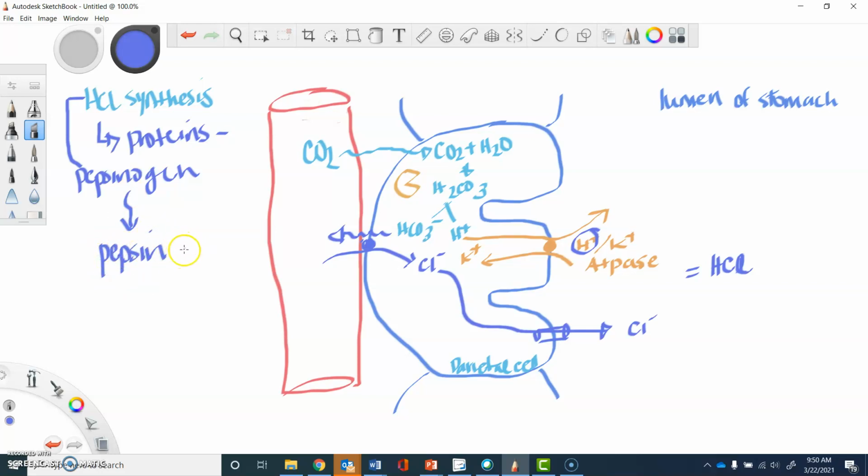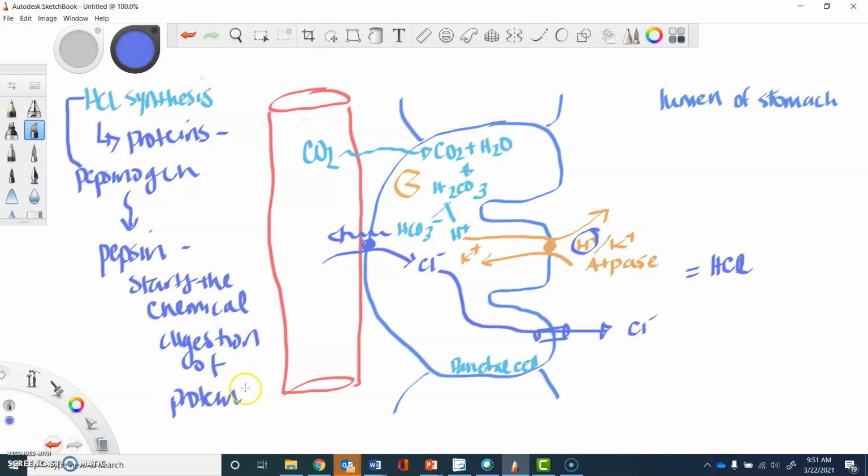So pepsin starts the chemical digestion of proteins. And of course, that occurs in the stomach.